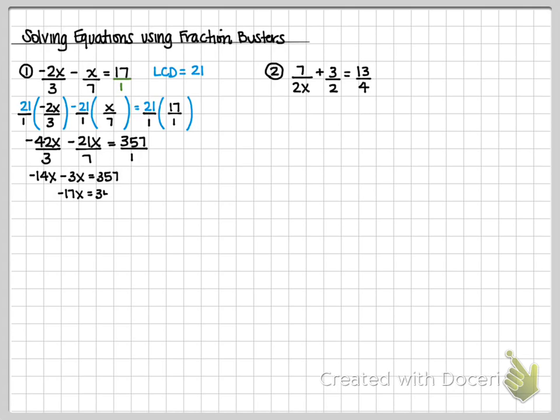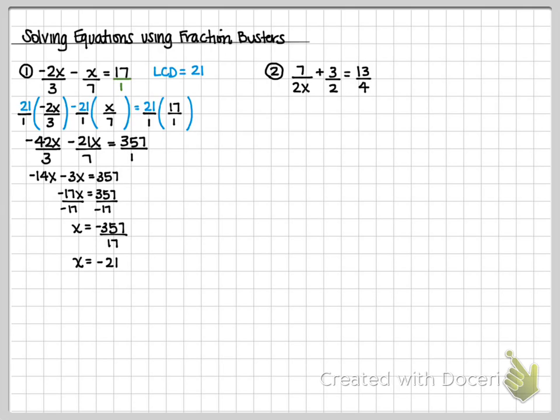That's the beautiful part about this. Then I'm going to divide by negative 17, trying to get my x by itself, and bring down my negative 357 over 17. And of course, if we can simplify this, we're going to, which we can. This goes in evenly, and it's going to be negative 21.